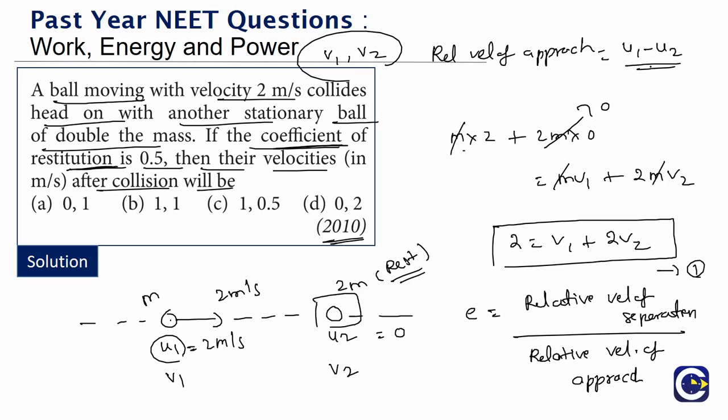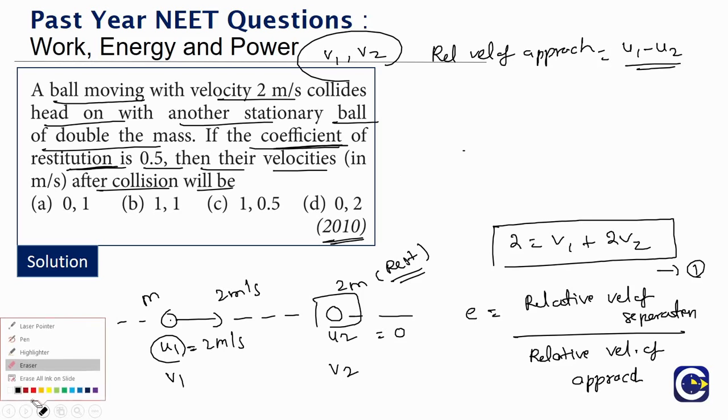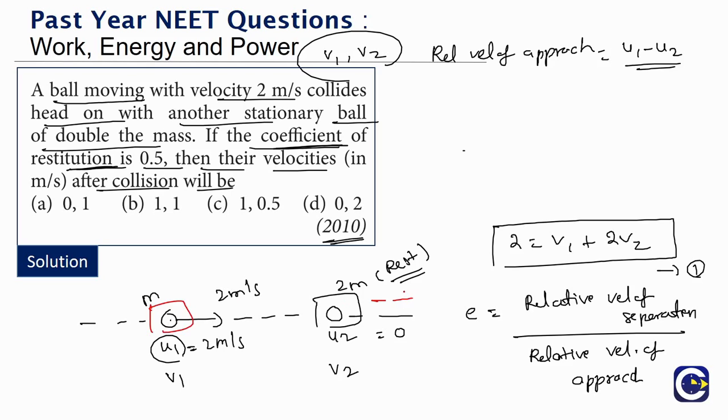And the relative velocity of separation after the collision means, if you look with respect to m after the collision, it will appear as if the 2m is receding or moving away.